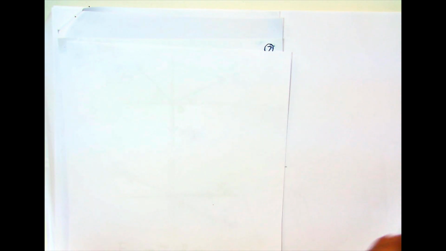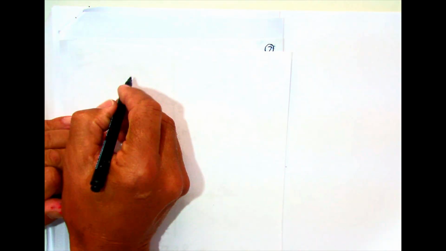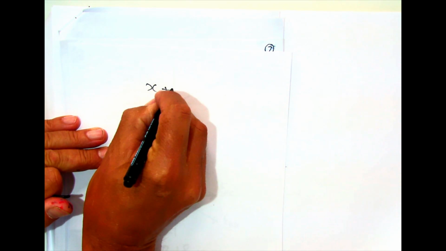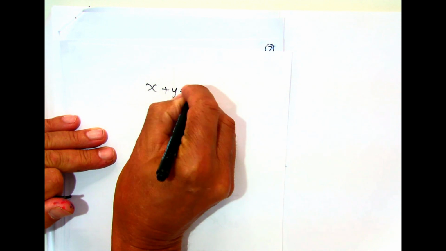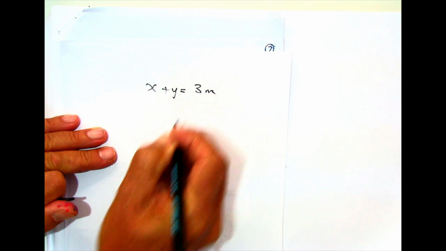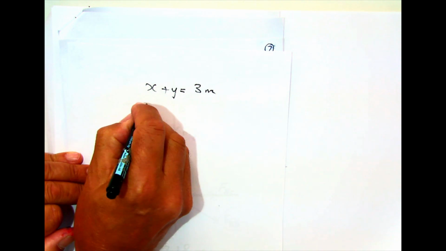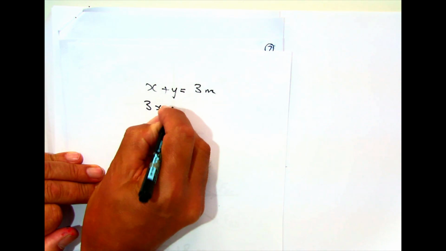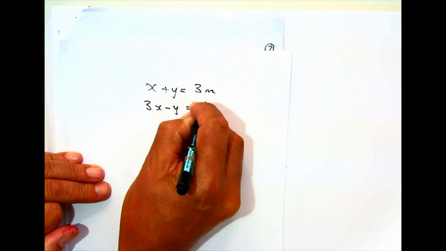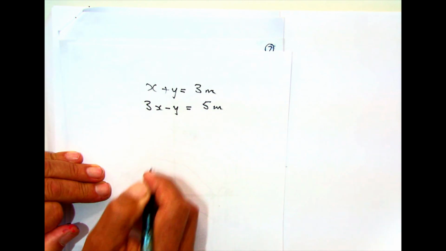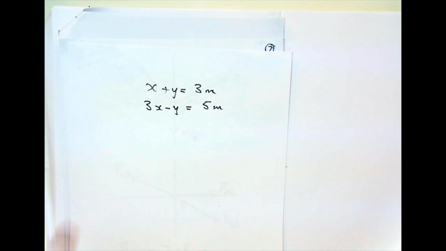Just to simplify it, let's say I have something like x plus y equals 3m. Those are my three unknowns. And I have another equation. So I have two equations, but I have three unknowns. How do you solve that?